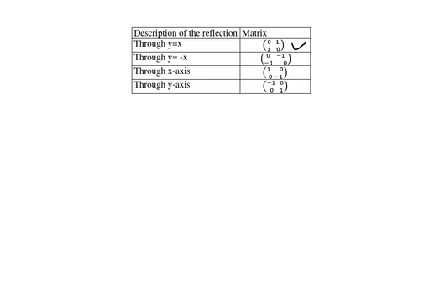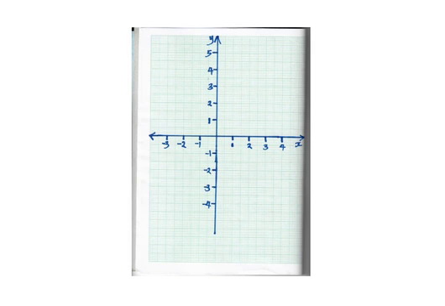Now we go to x is equal to negative y, or y is equal to negative x, as our mirror line. So we draw the line y is equal to negative x. Y is equal to negative x will be aligned through the origin.